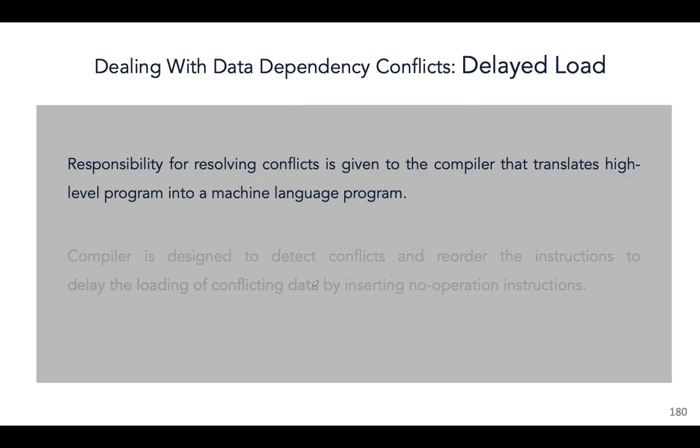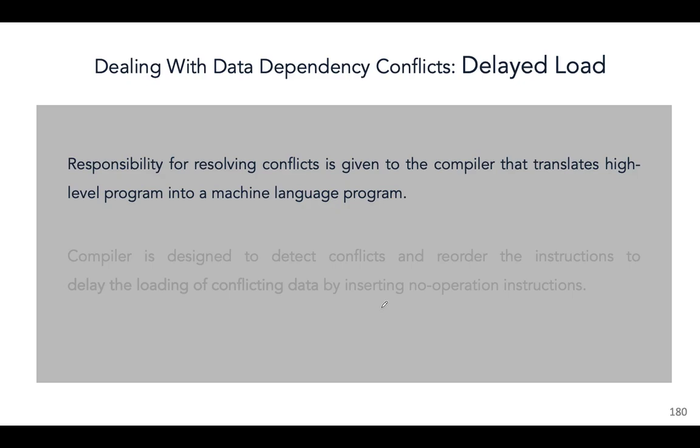Alright, the third kind of method that helps resolve data dependency conflicts is delayed load. The responsibility for resolving conflicts in delayed load is given to the compiler. It's the same compiler that translates a high-level program into a machine language program.